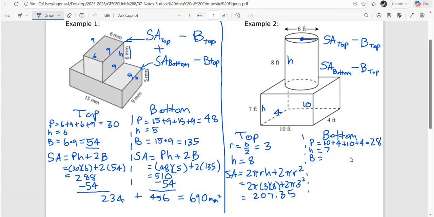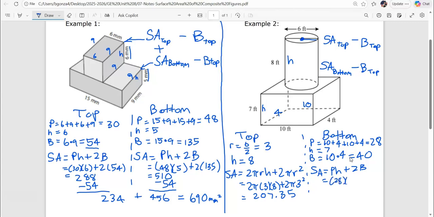And then area of the base, I take length times width, 10 times 4, and I get 40. Okay. With that P, H, and B, now I can find the surface area of a prism, like last time, PH plus 2B.